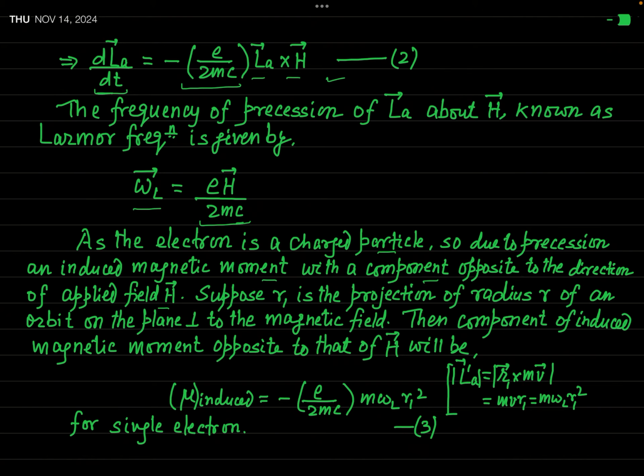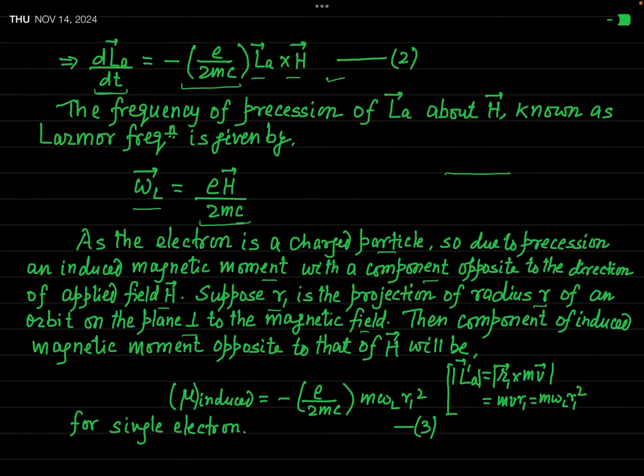Now suppose that R1 is the projection of the radius r of an orbit on the plane perpendicular to the magnetic field.